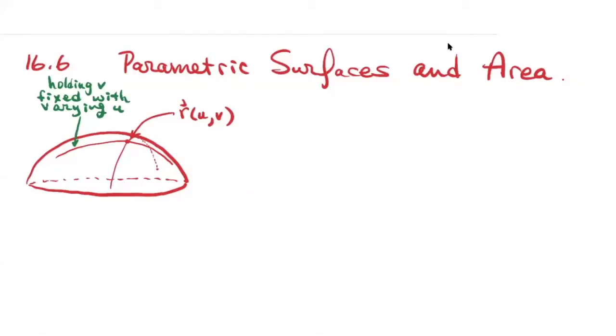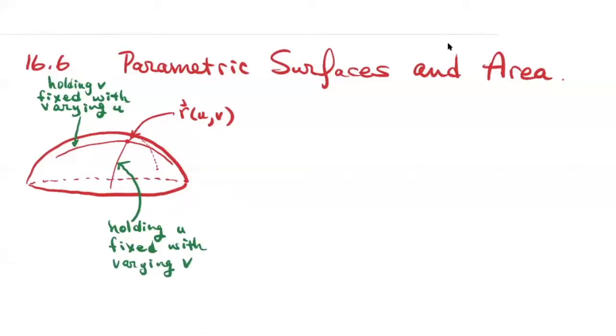And of course, the other case is over here, where we are holding u fixed with varying v. And we know they're independent parameters if those two curves are different curves.